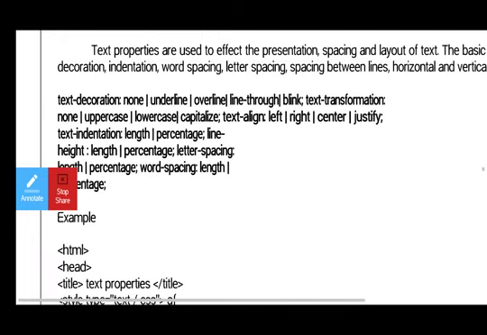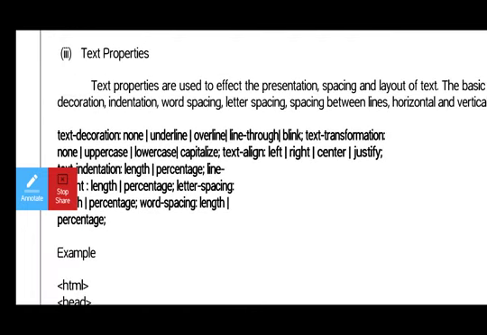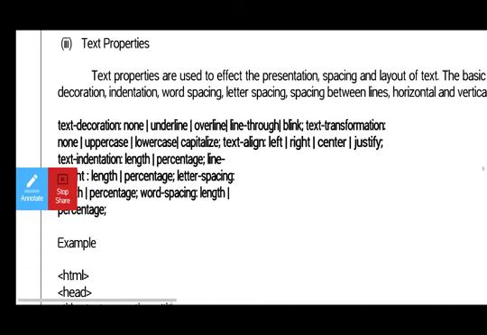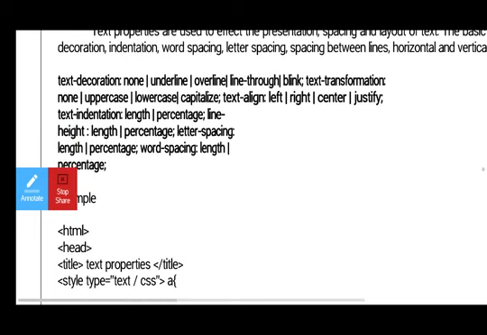So we have the text properties to present the spacing and layout of the text. It is used in different types of text properties to have decoration, transformation, letter spacing, and horizontal or vertical alignment of text. Here we have text decoration.